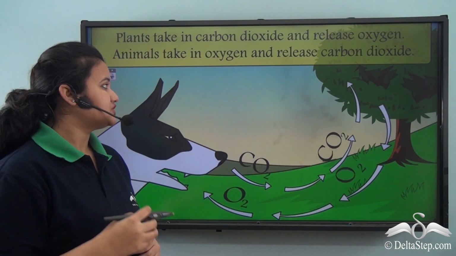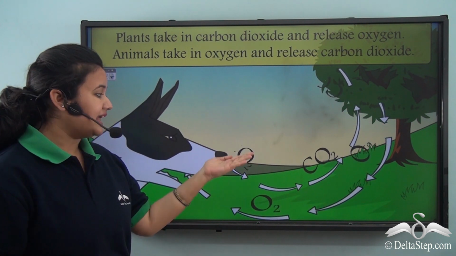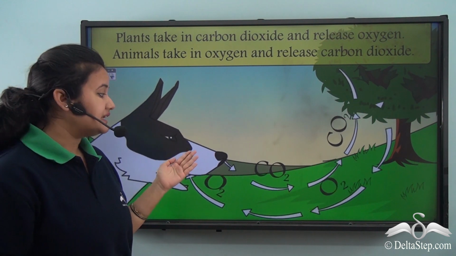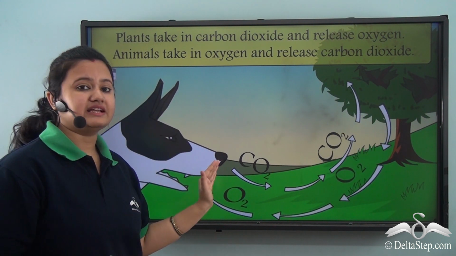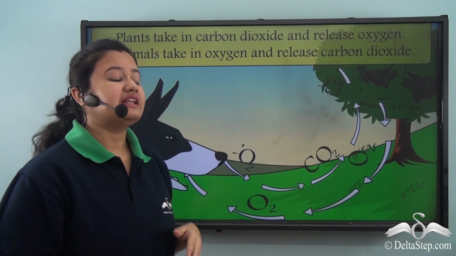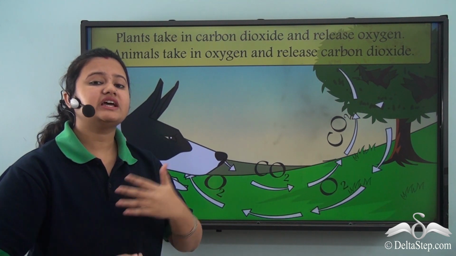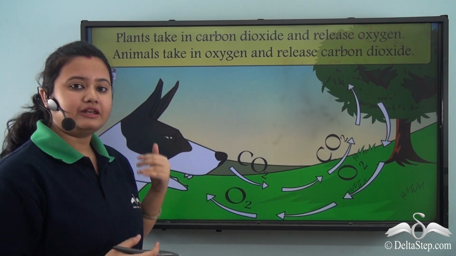As discussed just now, plants provide us with oxygen that we breathe in, and in turn the carbon dioxide gas that is exhaled by human beings and animals is absorbed by plants. Thus we find that there is a constant exchange of gases between plants and animals.